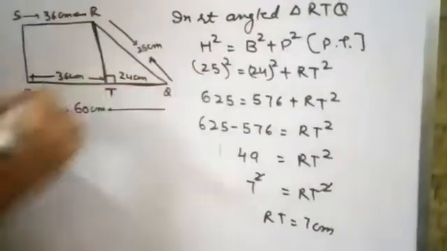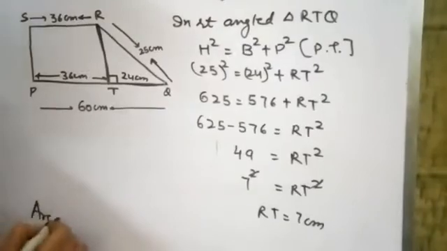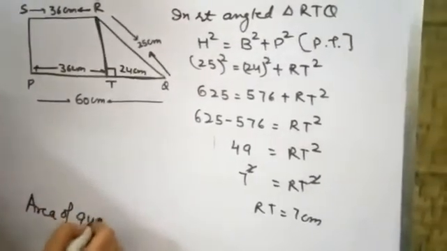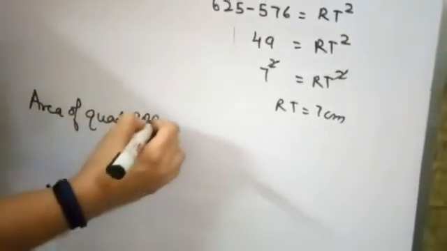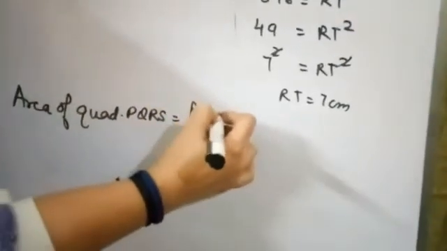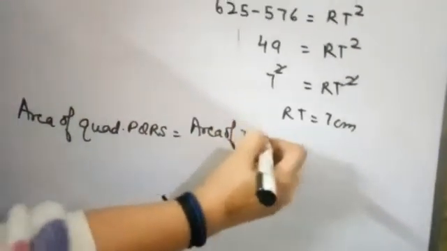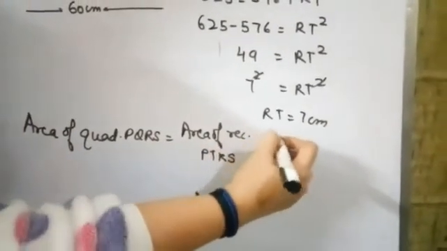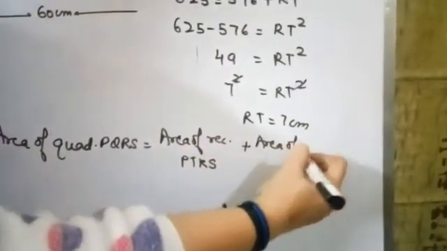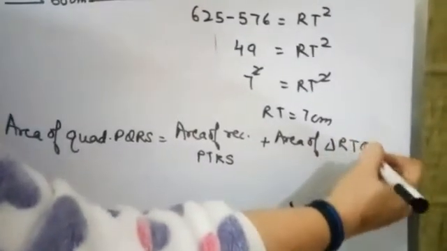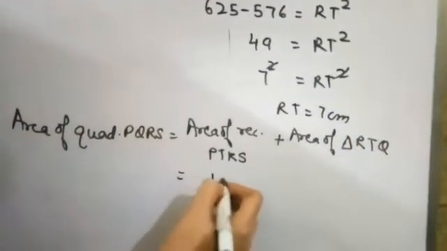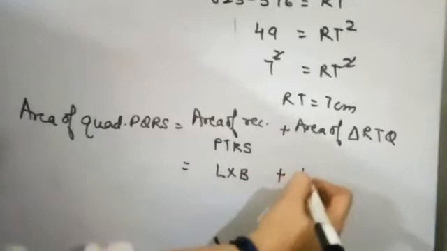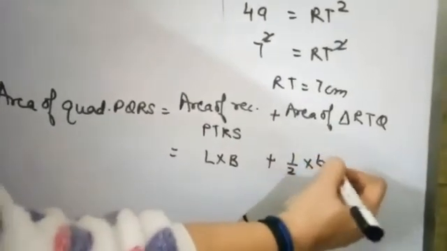Now to find the area of this quadrilateral PQRS, that is equal to the area of rectangle PTRS plus the area of triangle RTQ. Area of rectangle is length into breadth, area of triangle is half base into height.